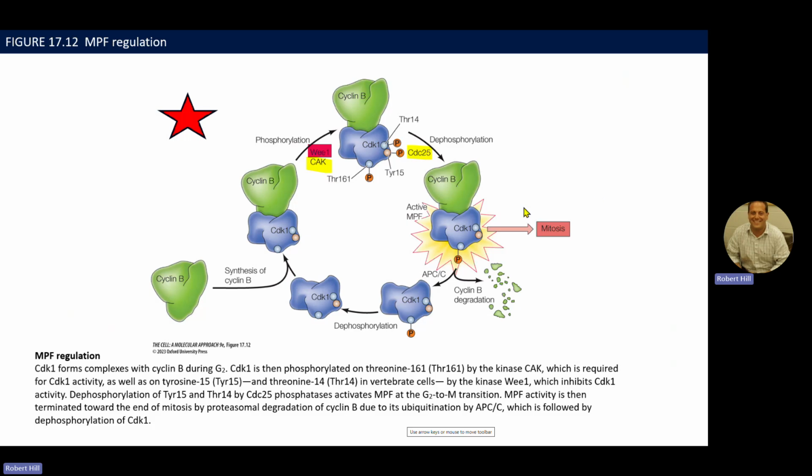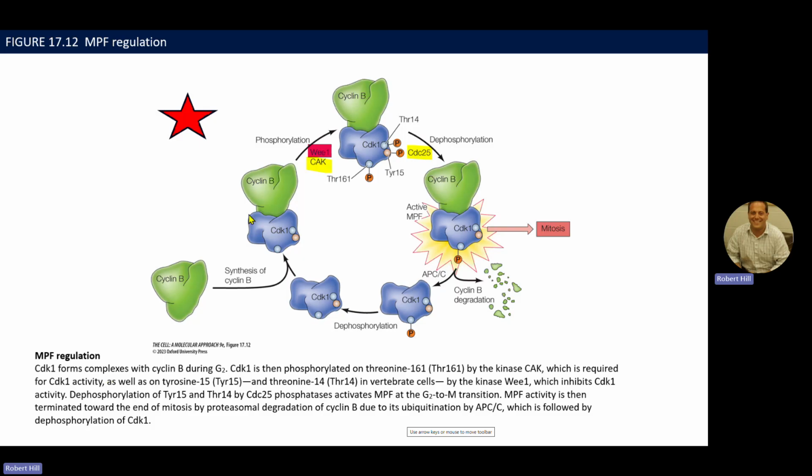Following M stage, the anaphase promoting complex and the cyclosome pair up, and they target cyclin B for degradation. CDK1 is dephosphorylated.